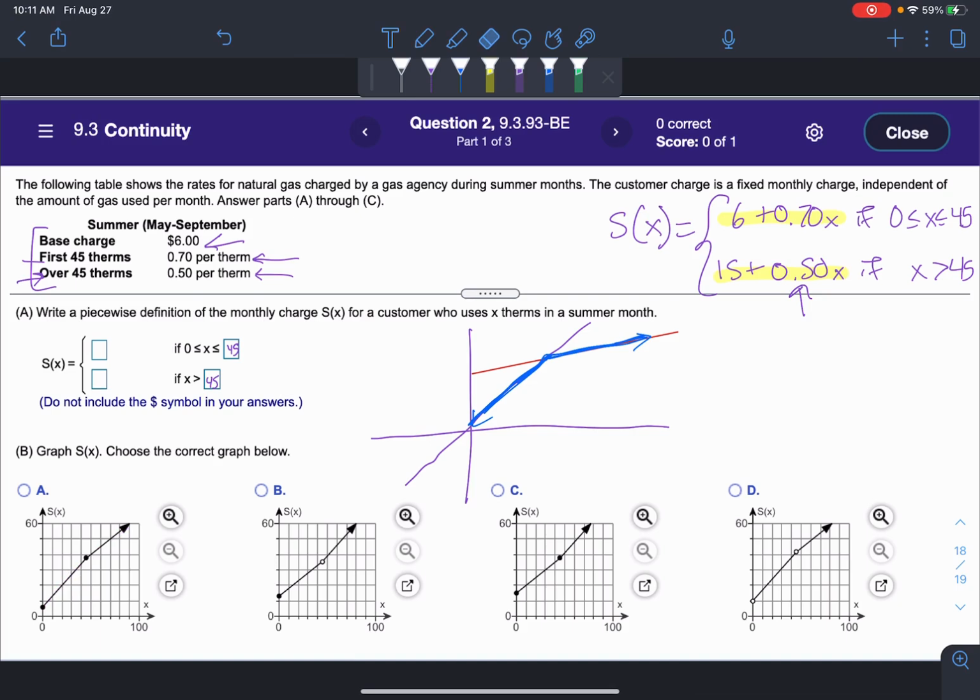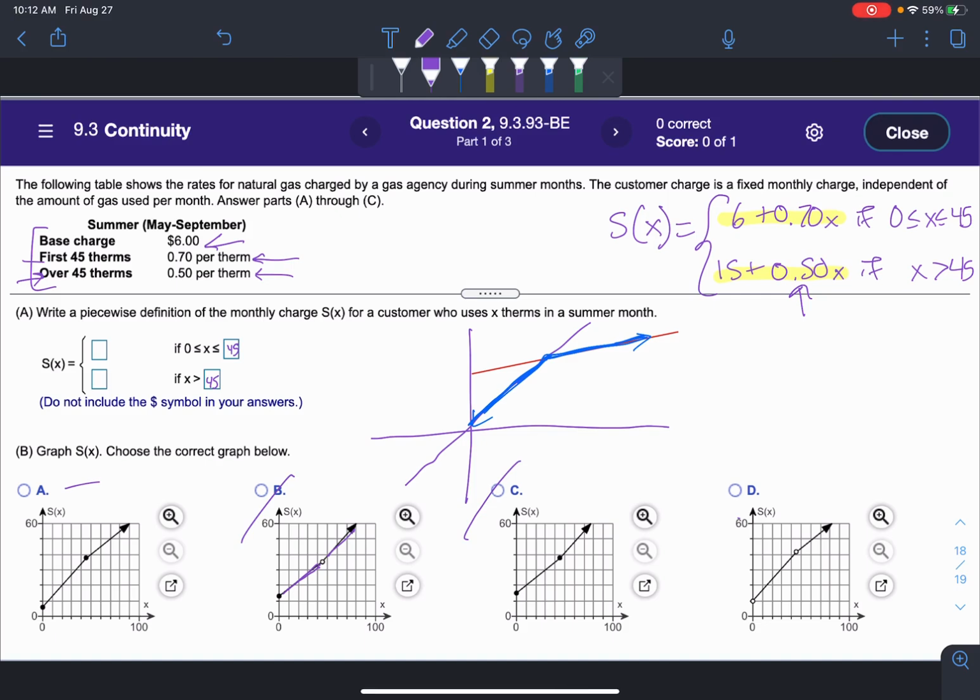So A is potentially correct. Now B, it looks like it's a little slower, and then it goes off steeper, right? And same for C. C and B look similar. D and A look similar. So I'm just going to cross out B and C.